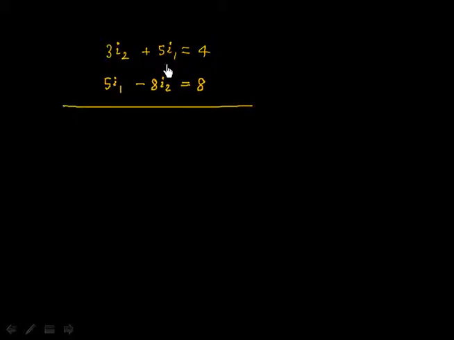Now let us subtract these two equations, so minus plus minus. So the 5I1 goes, and we will have 11I2 equal to minus 4. So I2 is basically minus 4 by 11.